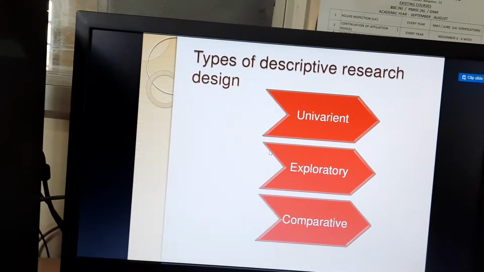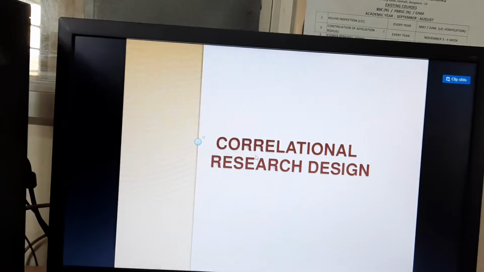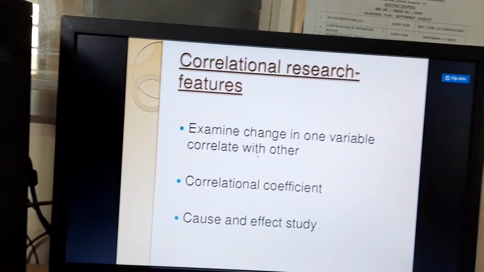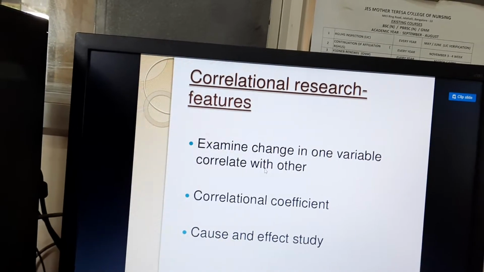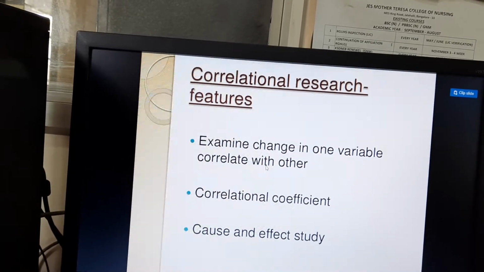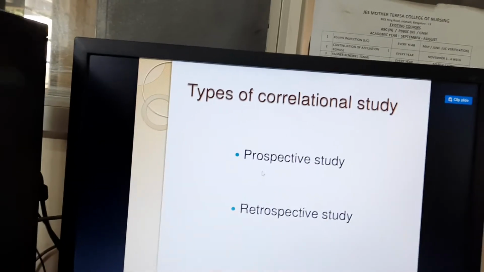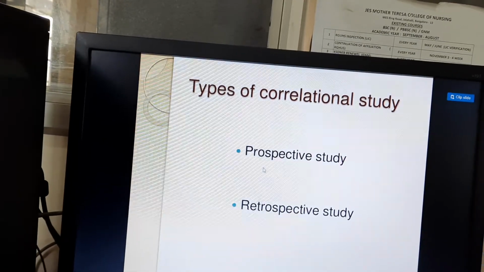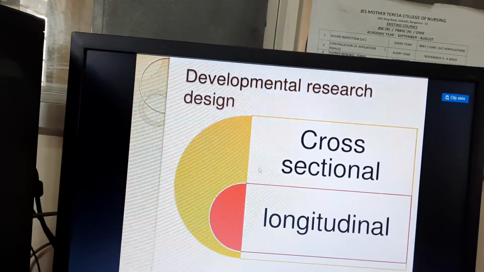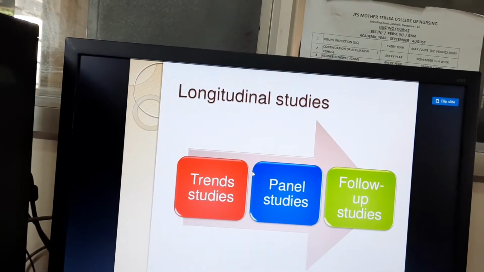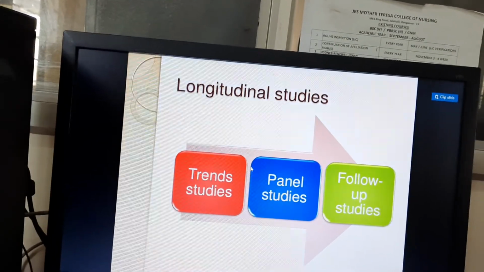Types of descriptive design are univariate, exploratory and comparative. Correlational research examines change in one variable and correlates it with another, with the correlational coefficient and cause and effect study. Types of correlational are prospective and retrospective study. Developmental research designs are cross-sectional and longitudinal, and longitudinal studies are trend studies, panel studies and follow-up studies.